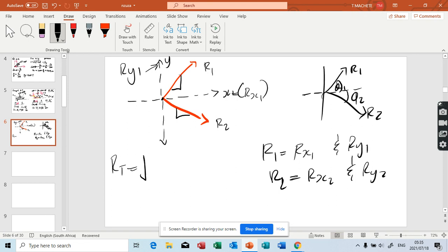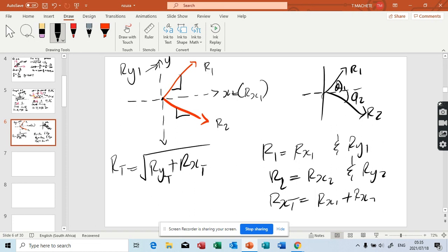You're going to use Pythagoras' theorem here: RY plus RX. So now you need to find the total RX. Let's just say RXT and RYT. RXT equals RX1 plus RX2. And then RYT equals RY1 plus RY2. Remember we did this, right?